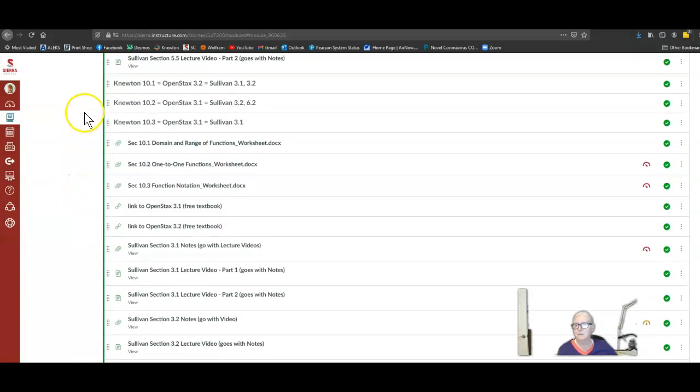Then it gets a little complicated. Newton 10.1, 10.2, and 10.3 is kind of spread out differently in the OpenStax book and in the Sullivan book. So for those 3 Newton sections, there's 2 OpenStax sections that between them have all that information. And then there's 3 sections of Sullivan you'll see have corresponding information.